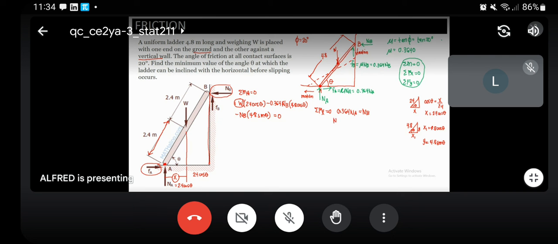And then solving for NB, this is 0. This is 1. Teka lang, baliktad pala. Si NA pala yung solve ko. So if we solve NA in terms of NB, it is NB over 0.364. So may 1 to dito. So what's 1 over 0.364?